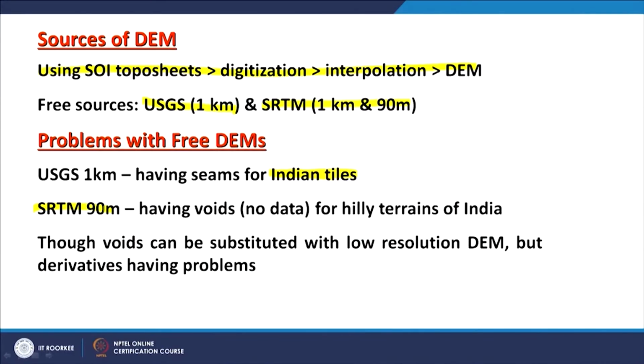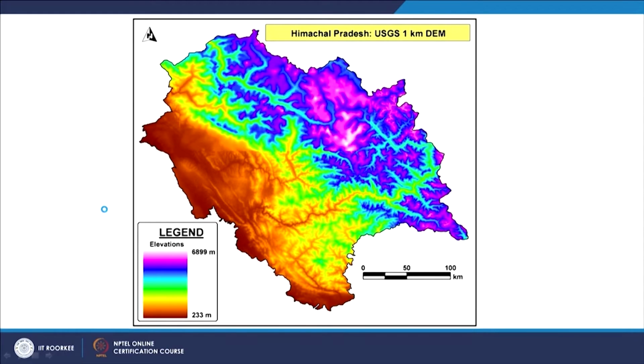Though these voids were replaced with coarse resolution elevation values coming from the 1 kilometer USGS DM, you may encounter this problem also. You may get void free data, but in fact those voids have been filled using relatively coarse resolution cells, and therefore the problem will still persist. So, though the voids can be substituted with the low resolution DM, there will be some problems. Let me give you some examples of voids.